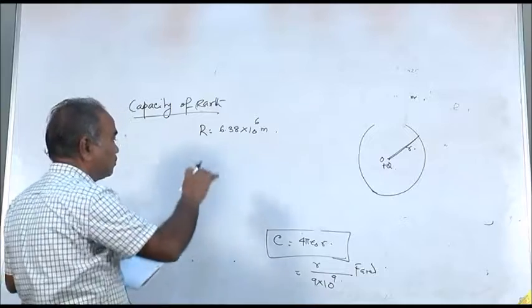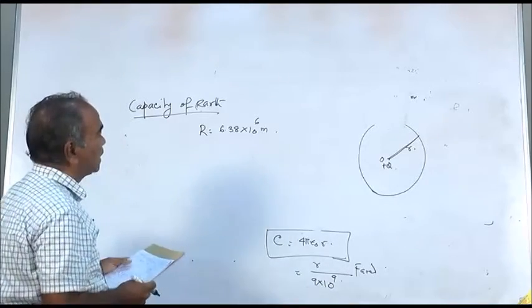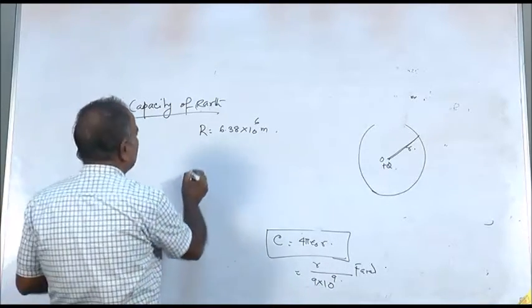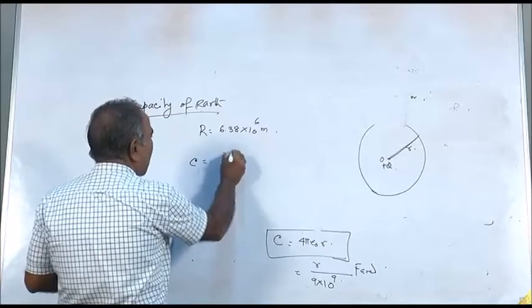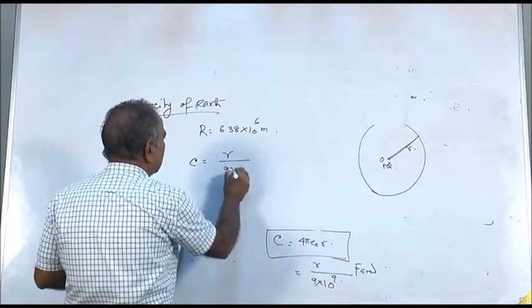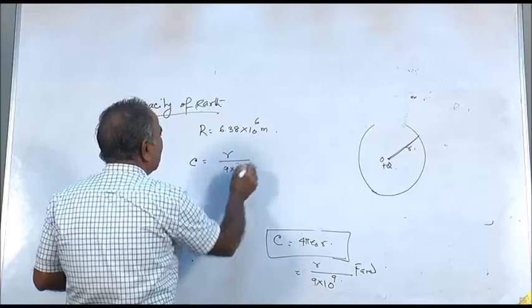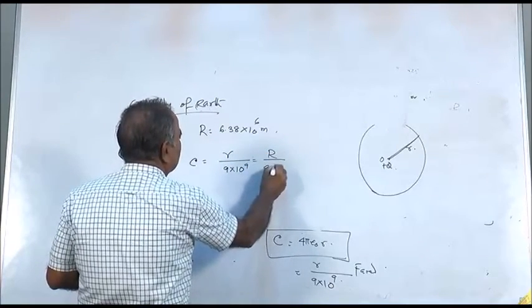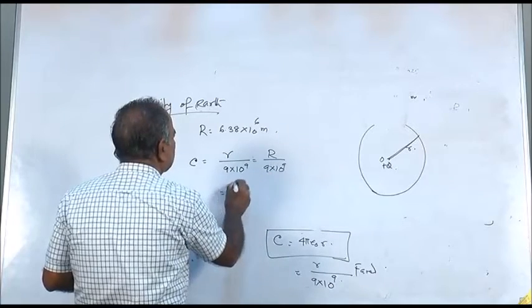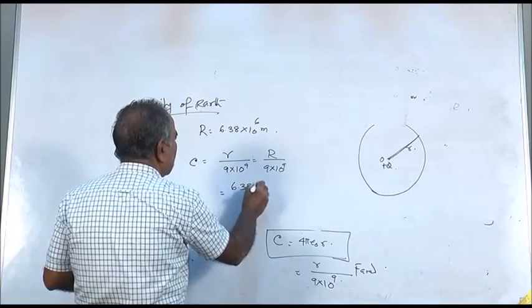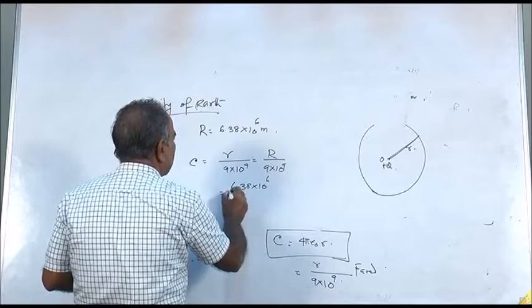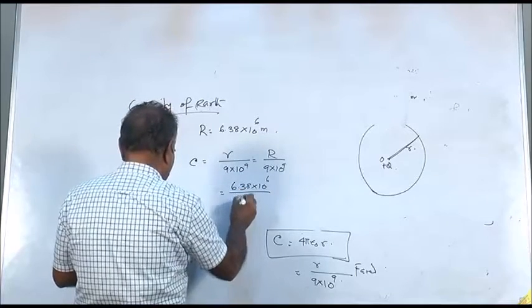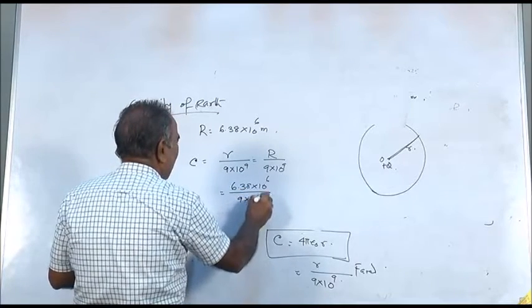Since earth acts as a spherical conductor, the capacity will be R divided by 9 x 10^9, where small r is equal to capital R. So that is 6.38 x 10^6 divided by 9 x 10^9 farad.